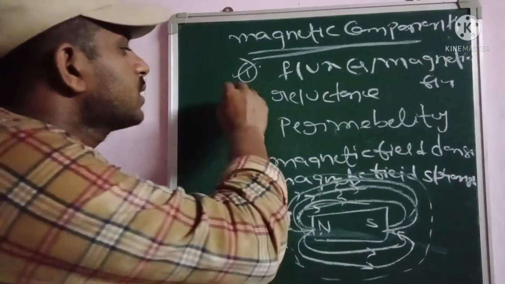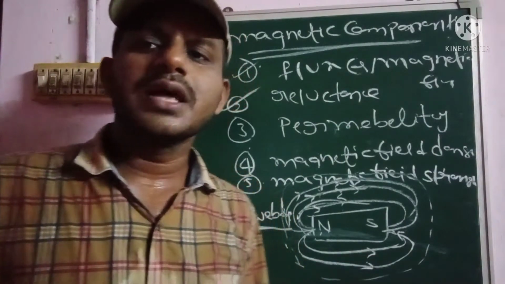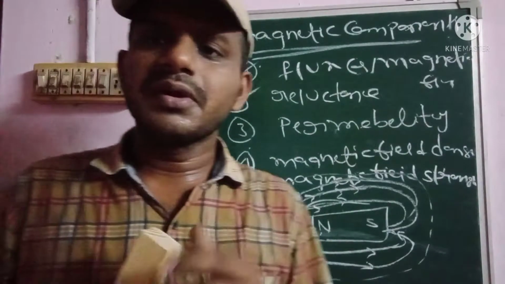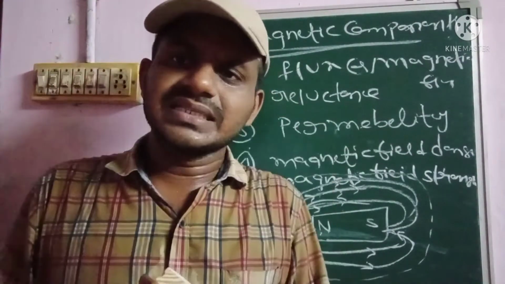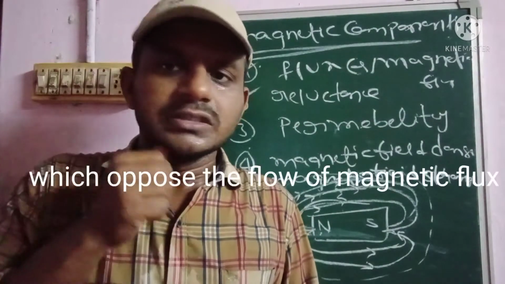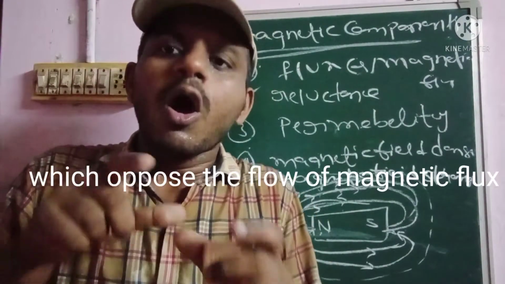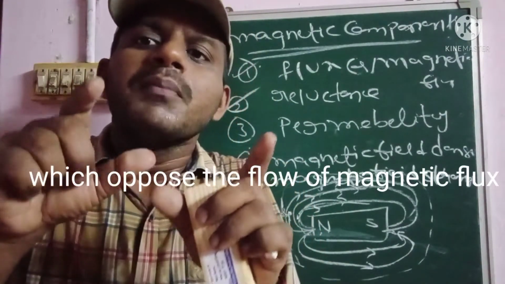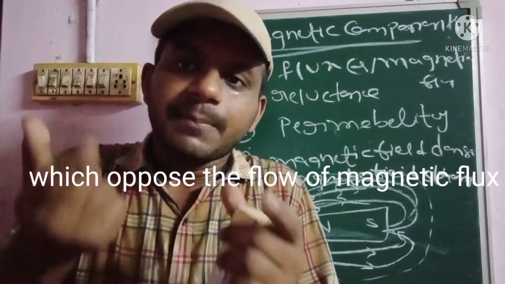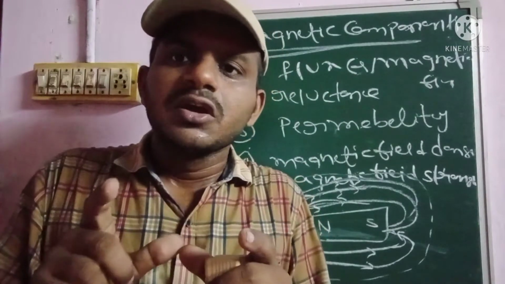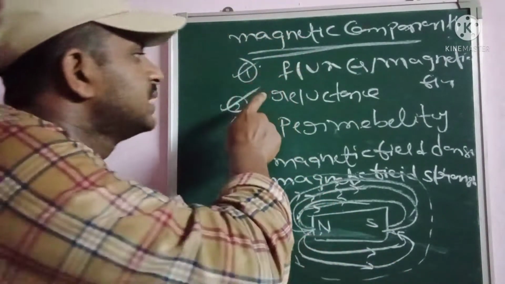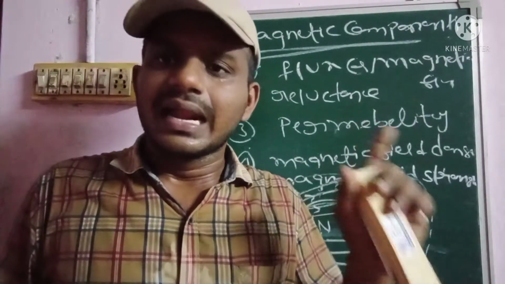Coming to the reluctance, let us consider one conductor. The property of the conductor which opposes the flow of magnetic flux is called reluctance.